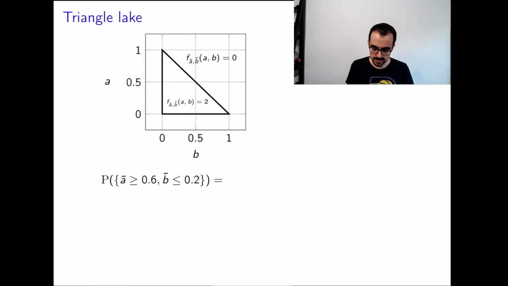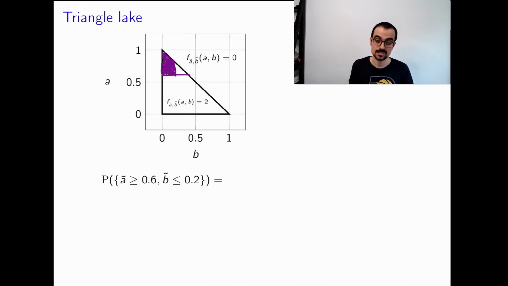Now imagine that we want the probability that the otter is between 0.6, so above here, and below 0.2, so here. So imagine that we want to know the probability that the otter is here. We can use the joint PDF to compute that probability by just integrating.